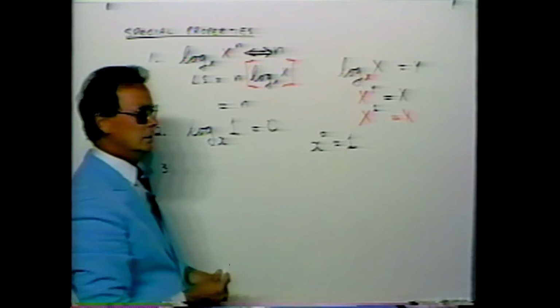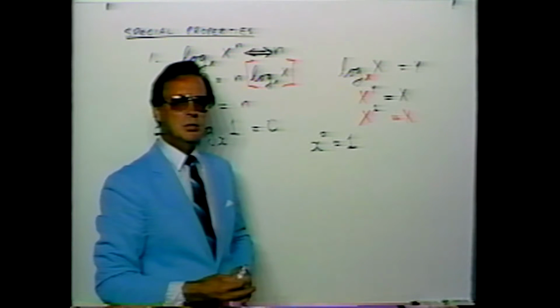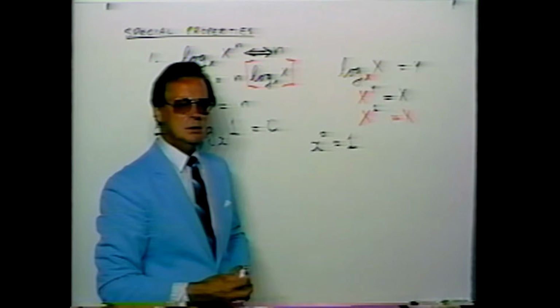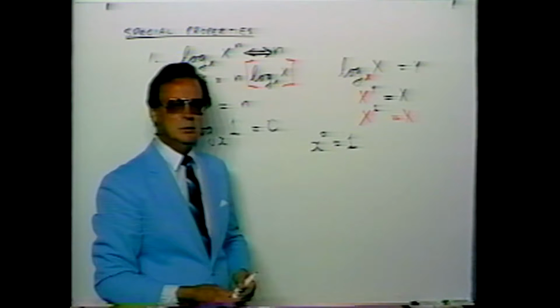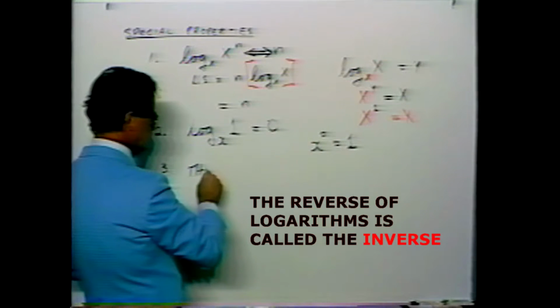Third law, or sort of property I meant, is to observe that the opposite operation of logarithms is referred to as antilogarithm.